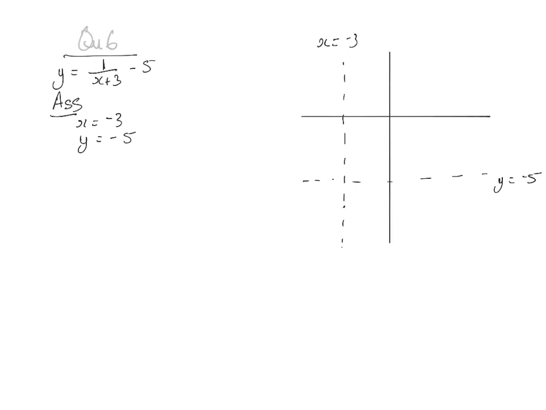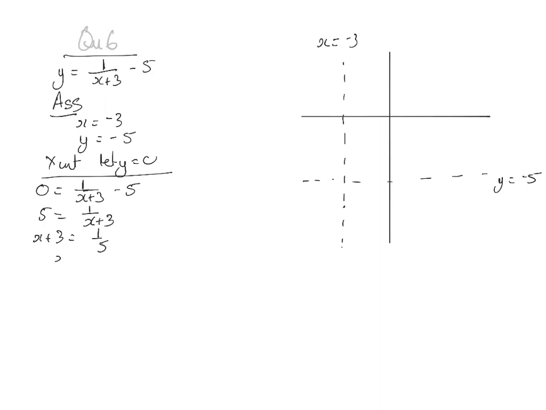So let's keep going. And so we get x-intercept. We're going to let y equal to 0. Letting y equal to 0, 0 equals 1 on x plus 3, take away 5, bring the 5 over. Alright, becomes plus 5, swap them around.